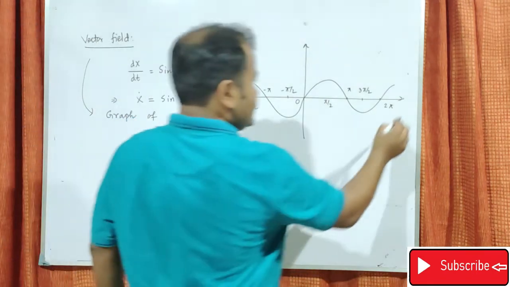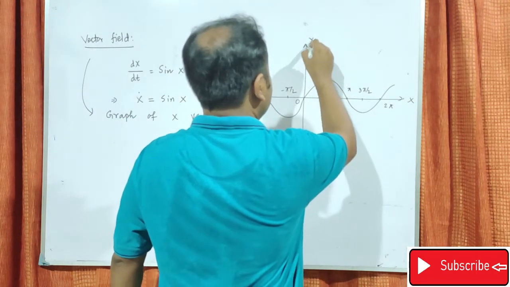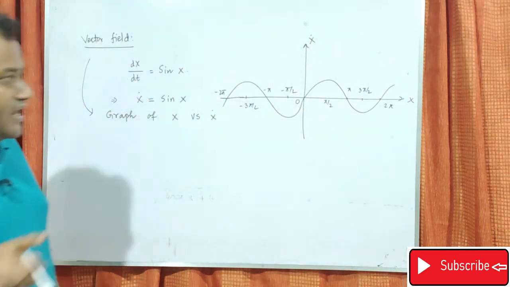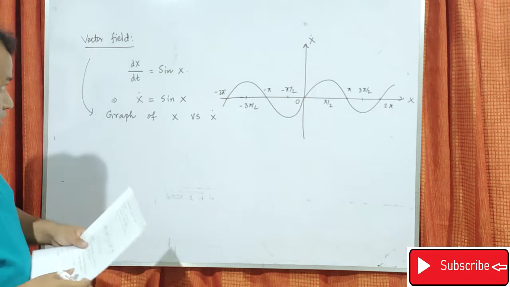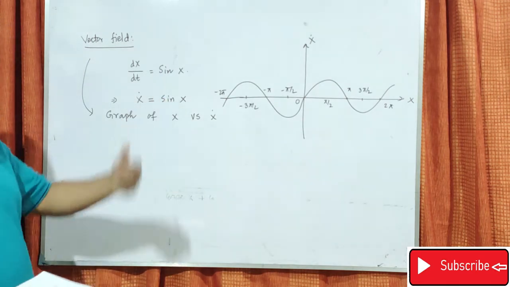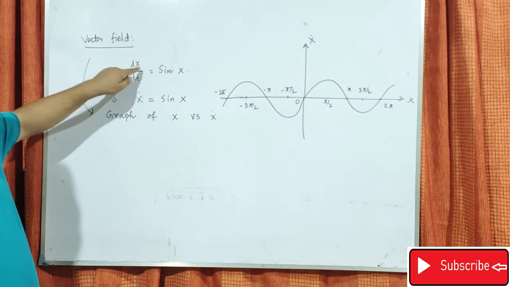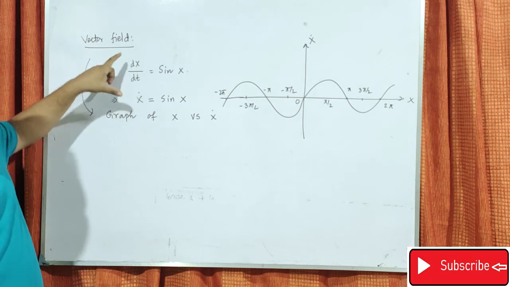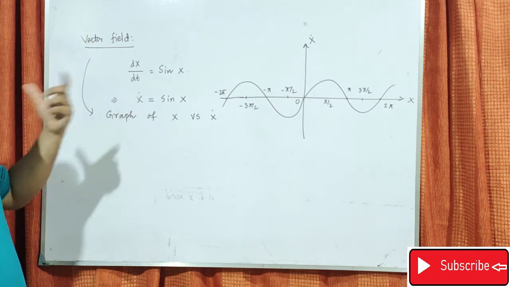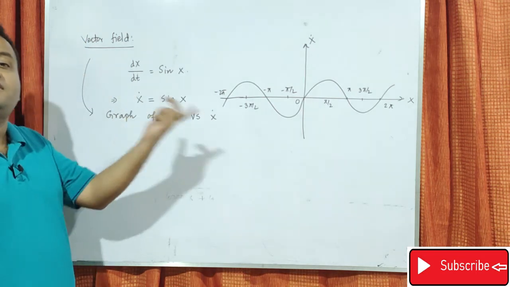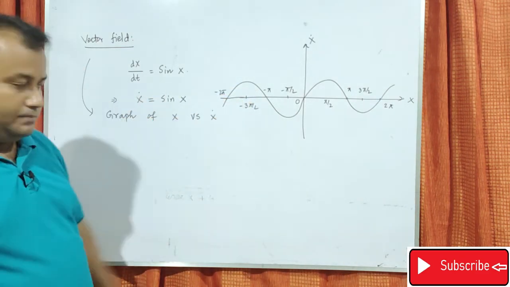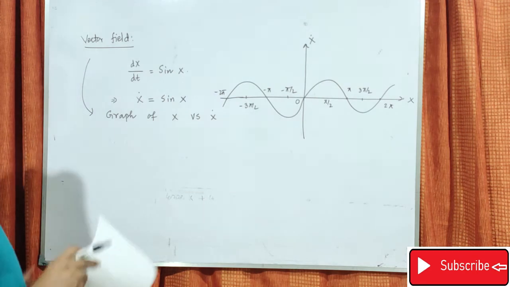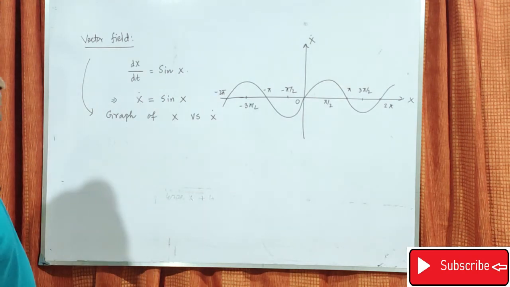This axis is x and this one is x dot. Don't be confused between this vector field and your phase portrait, because in a phase portrait you need two dependent variables and the graph between them. So a phase portrait is basically for a system of equations, but a vector field is for a single equation.